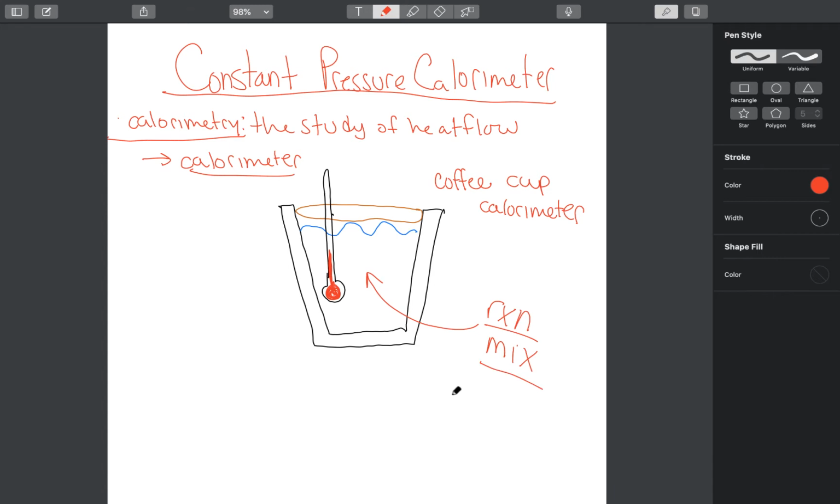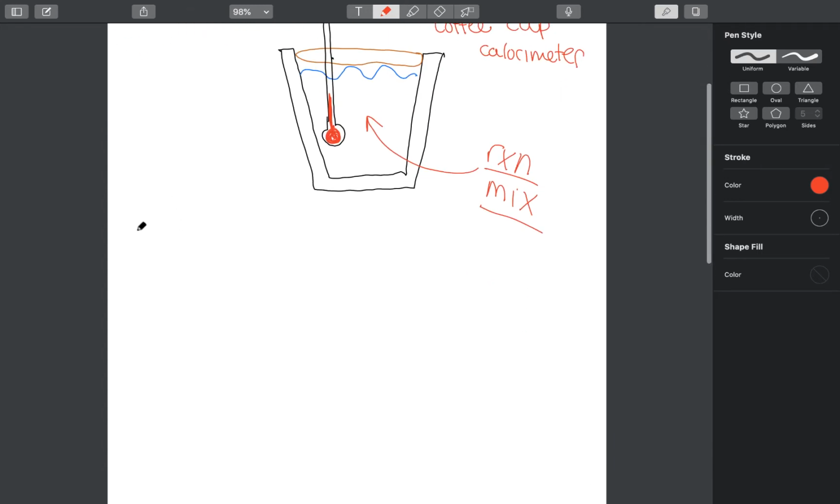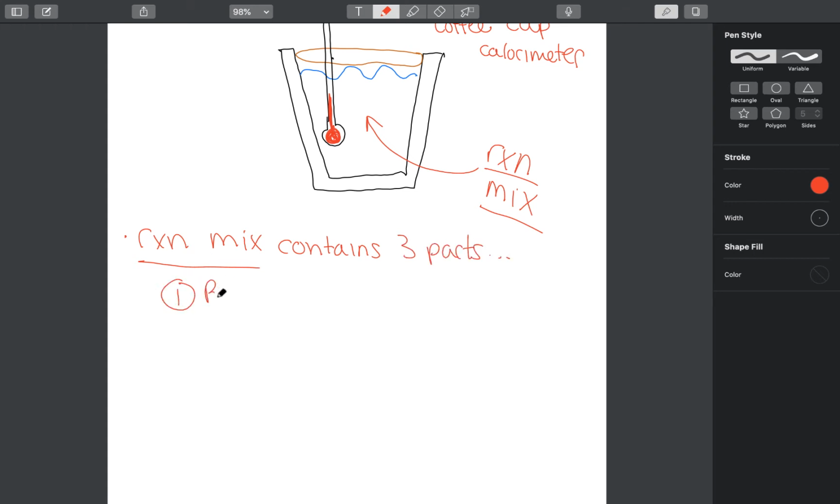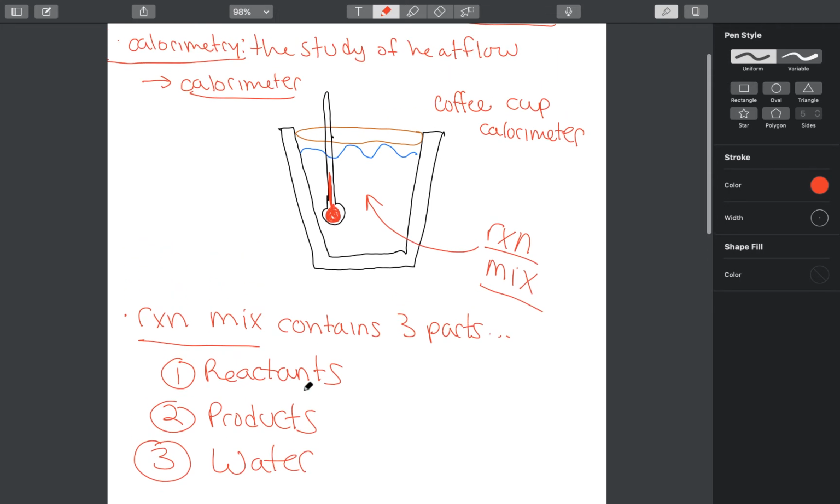So the reaction mix contains three different parts. The first part is the reactants. The second part is the products of your reaction. And the third part is the solvent, or in this case, water, because that's the usual solvent that you use in general chemistry.